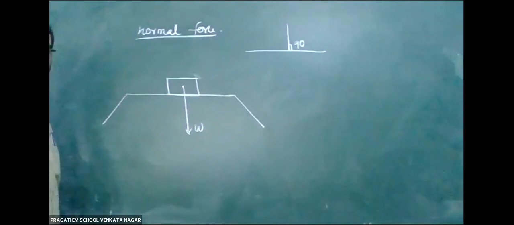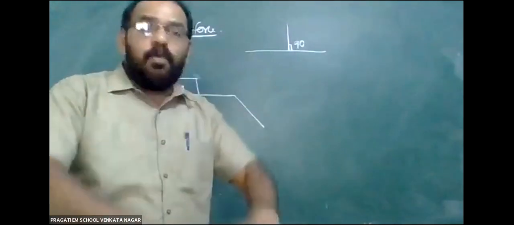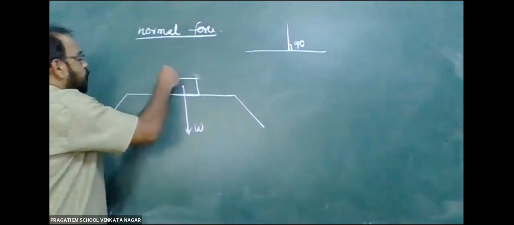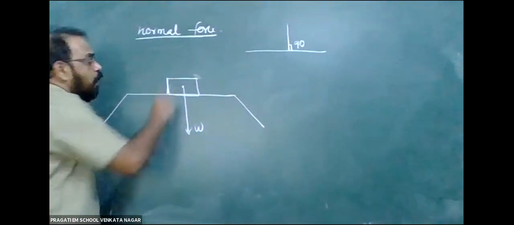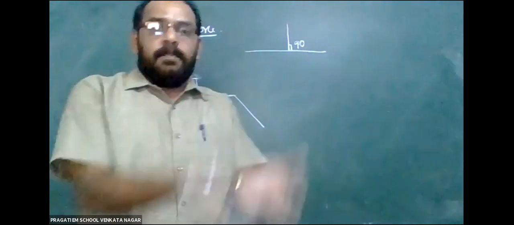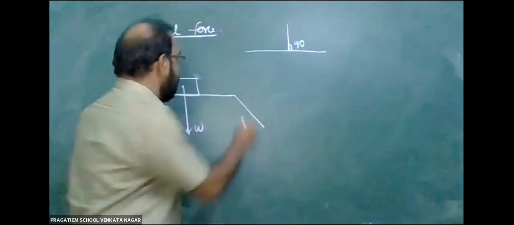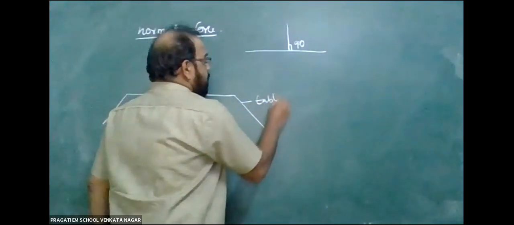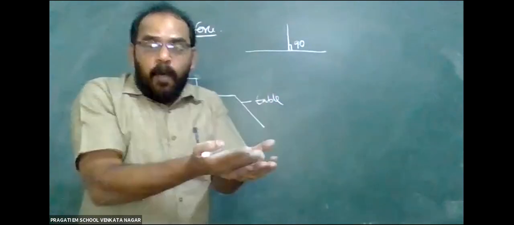It acts downward. Then why is this object not falling down? It is not falling down because the surface of this table exerts an upward force.